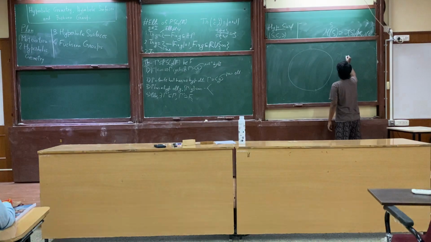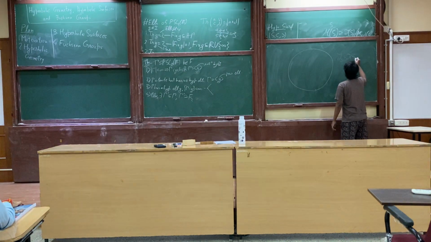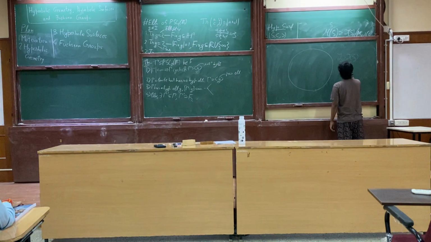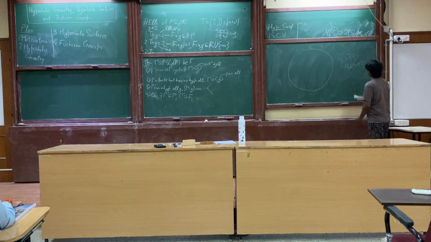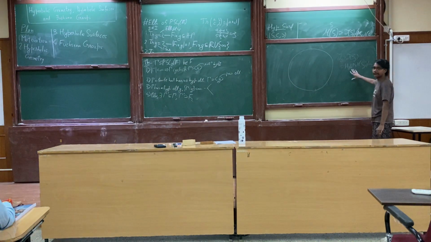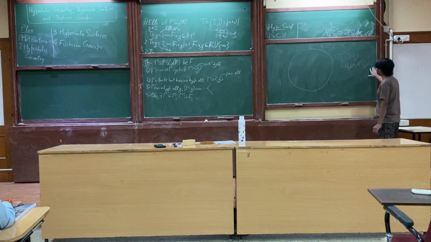We want tau g, which is tau of S_g, basically defined as hyperbolic metrics on S_g up to equivalence. This is saying that we want to find all the different possible ways of giving hyperbolic metrics on the surface S_g up to some notion of equivalence.